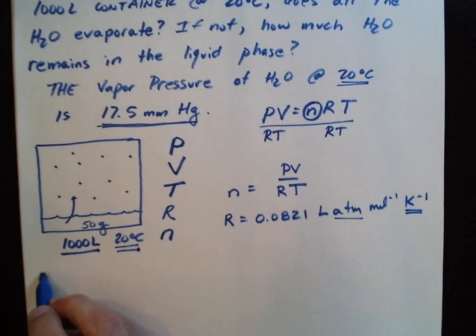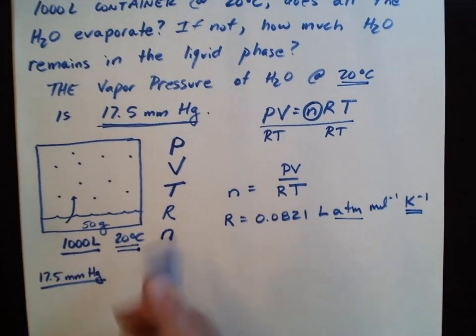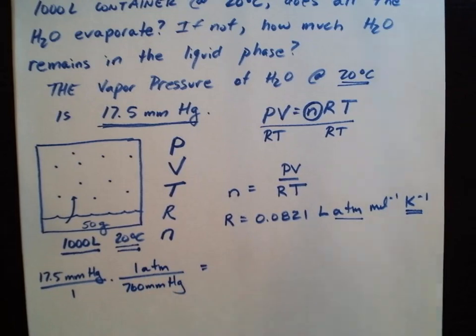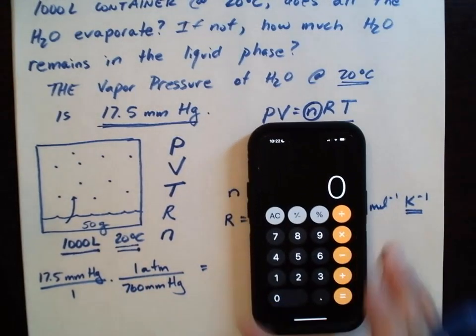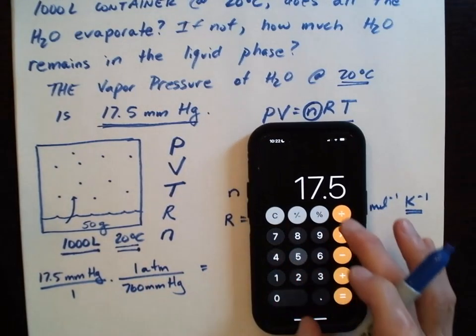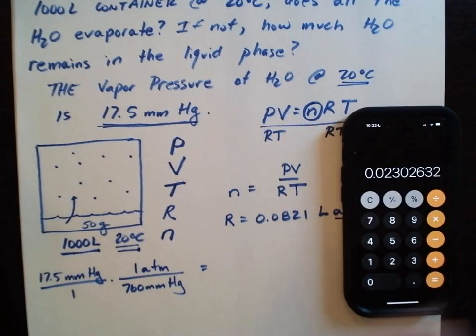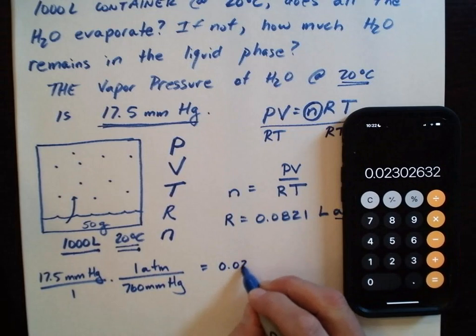So I have 17.5 millimeters of mercury, that's how much would be able to evaporate to that pressure. We remember that there are 760 millimeters of mercury in an atmosphere. 17.5 divided by 760 is 0.023 atmospheres.